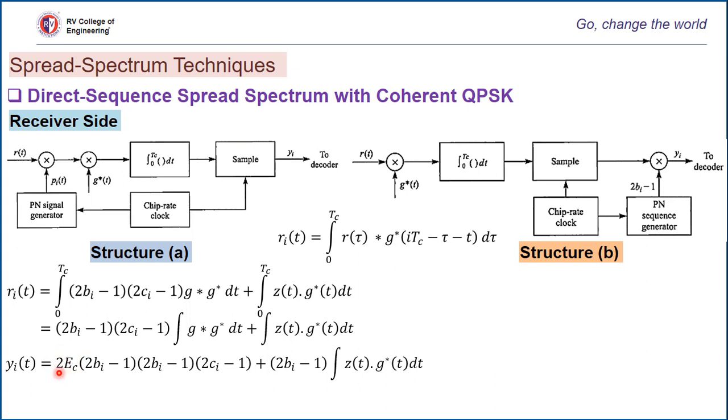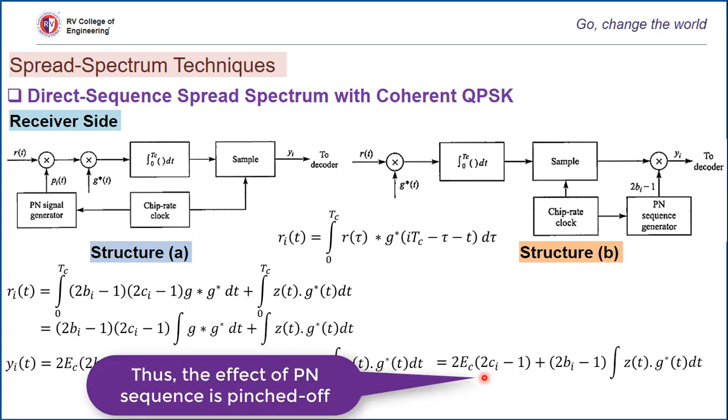And we can take the amplitude as 2 times EC, which is not normalized amplitude. What will be left here will be just 2Ci minus 1, and with that we can say that the effect of the PN sequence generator is taken out in case of the information bearing signal.